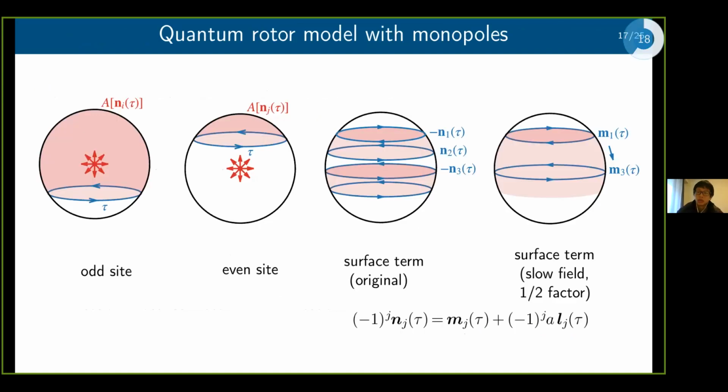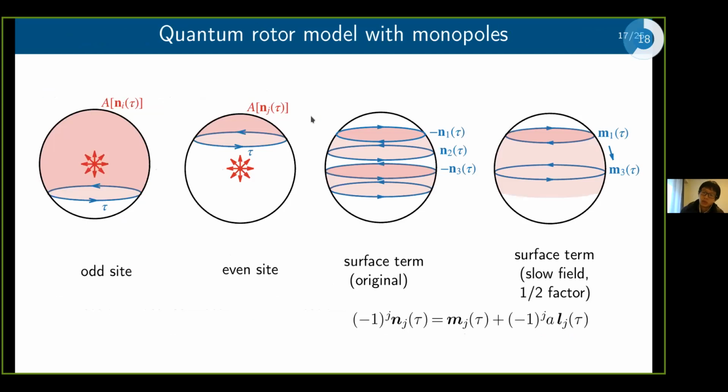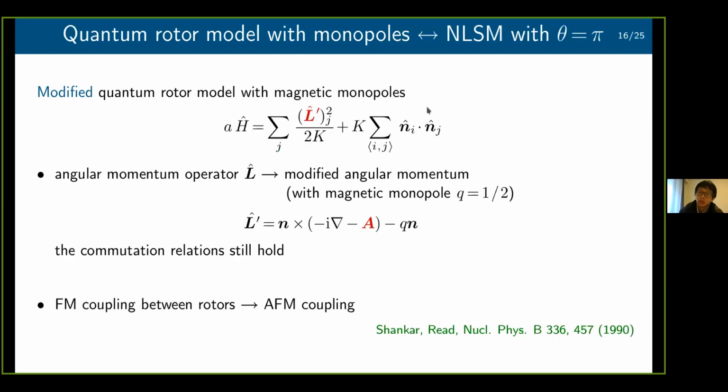And then we can follow the original way to construct the matrix representation. Basically, we need to find the eigenbasis, or a modified angular momentum basis, for this modified angular momentum operator, and then represent the coupling term under this modified angular momentum basis.